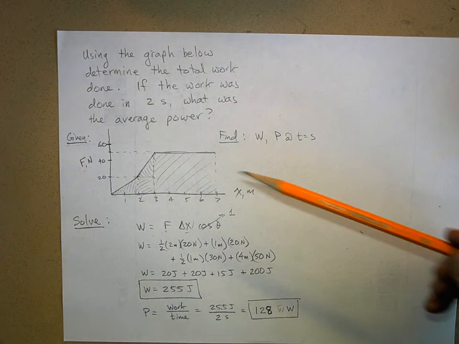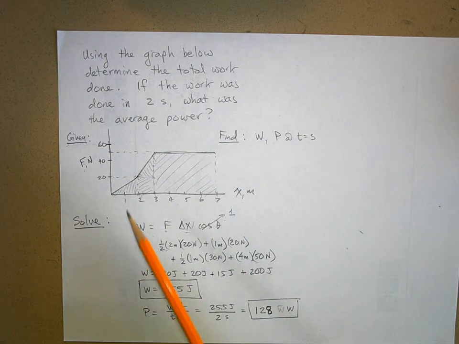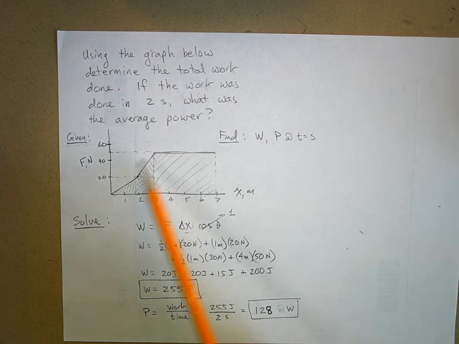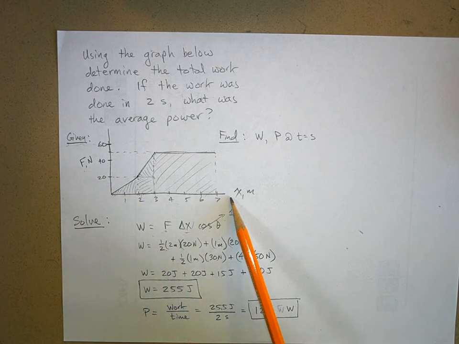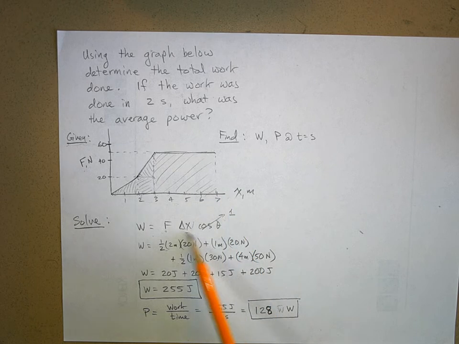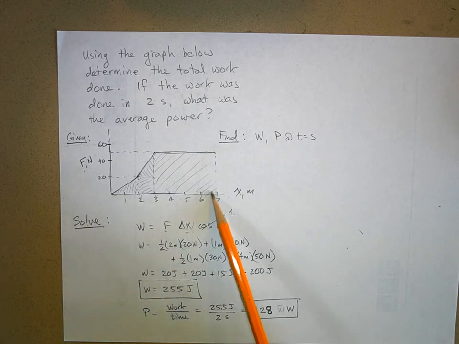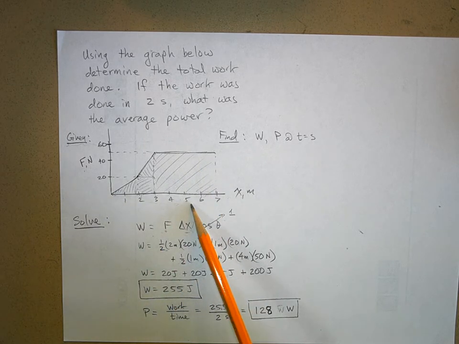Wait, before we get to that, again, remember that work is the area underneath a force versus position graph. Force times displacement, which is a change in position, and that's the only way to do it if your graph looks like this.